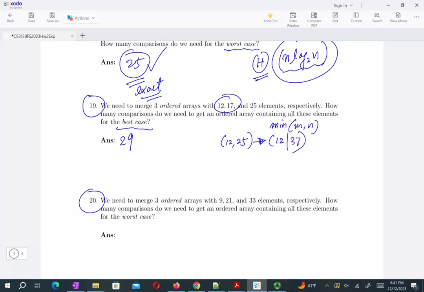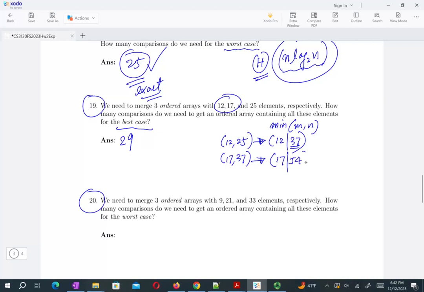These two parts are both useful, because our next merge would be 17 and 37. We need to use the number of elements in the first merge step. So you get 17 and 54.